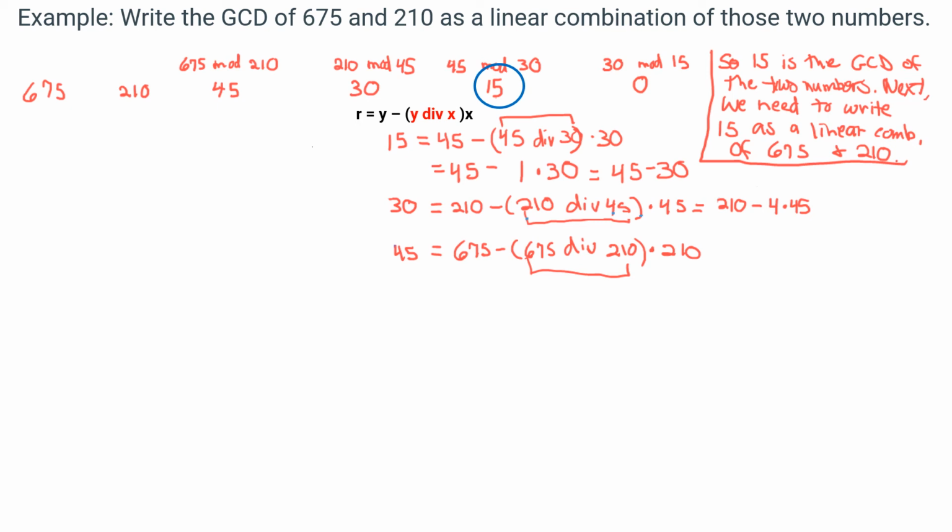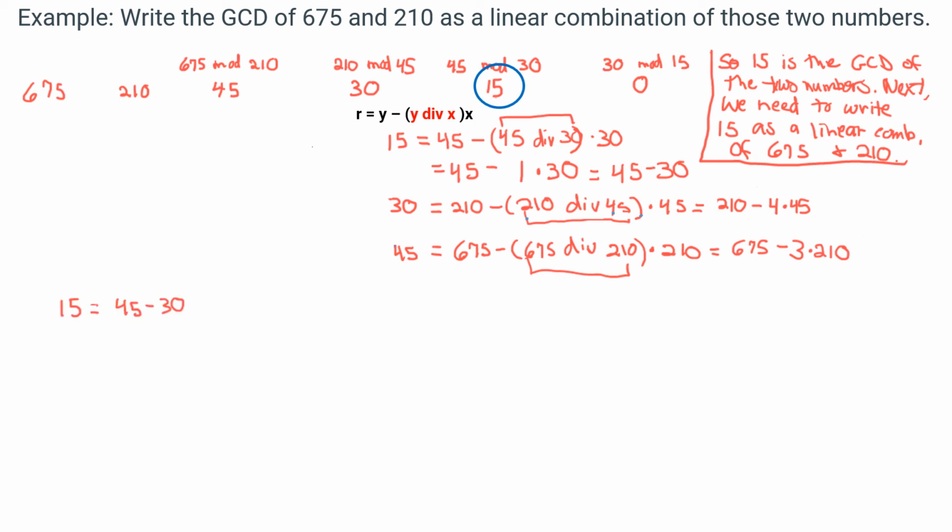And again, we'll evaluate what's inside the parentheses. Turns out that's a 3, so we can write 45 as 675 minus 3 times 210.